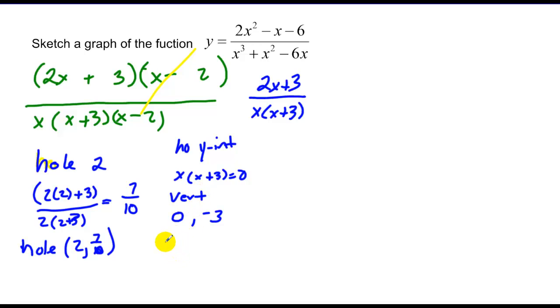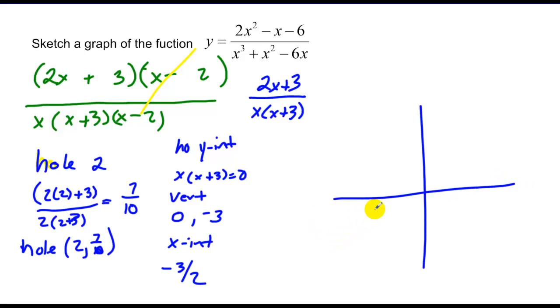And then we have an x-intercept at -3/2. So now we can go ahead and graph. We have this vertical asymptote at x equals 0. We have another one at x equals -3.